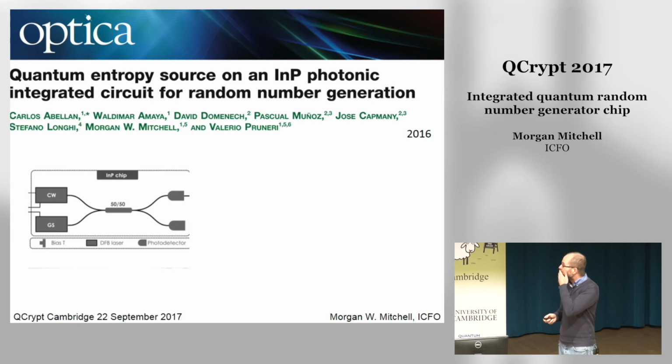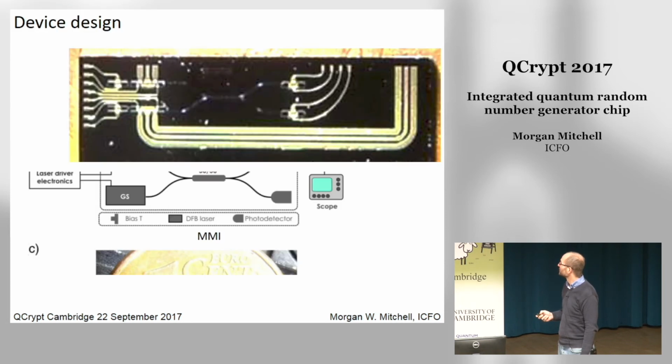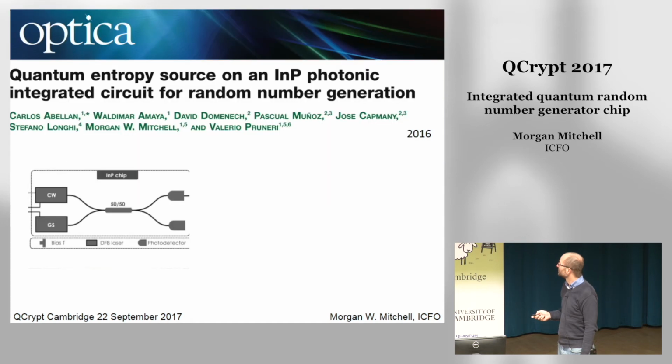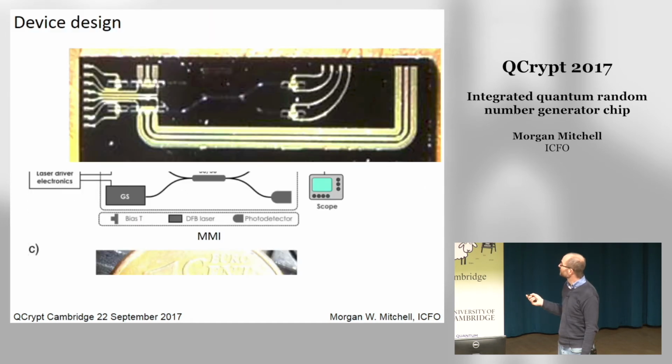Okay, so, implementation on a chip. This is something which came out in Optica in 2016. Unfortunately, the images are not very good. This is a zoom in of the device. There's a laser here.